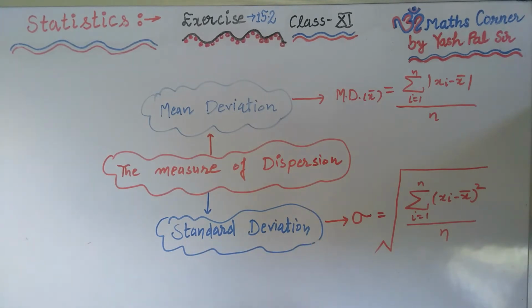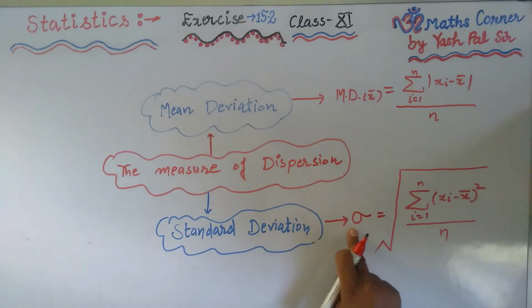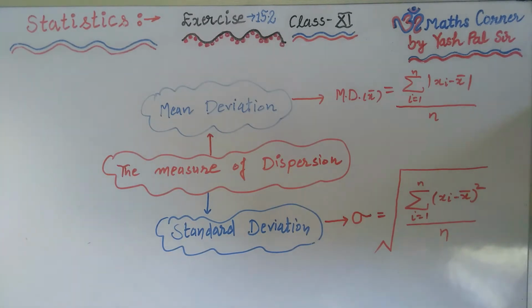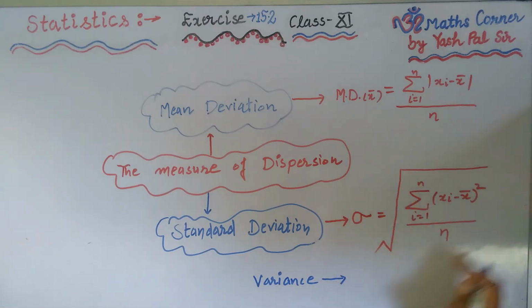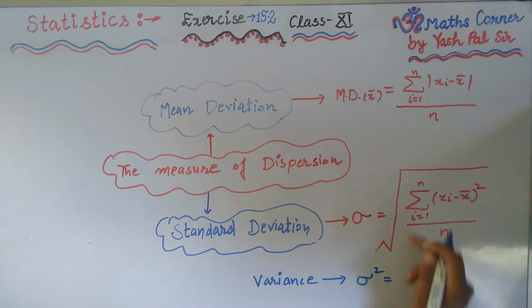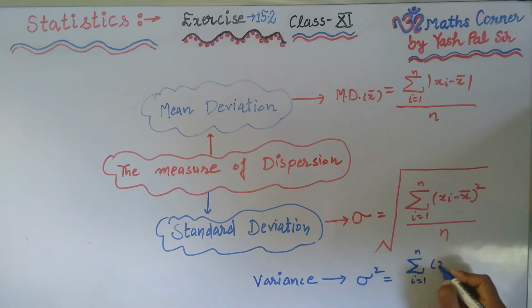Now one more term we introduce here. What is that? Variance. What is variance? We take the square of standard deviation, that is sigma square is equal to, when the square root symbol is removed, summation i equals 1 to n (xi minus x bar) whole square divided by n.